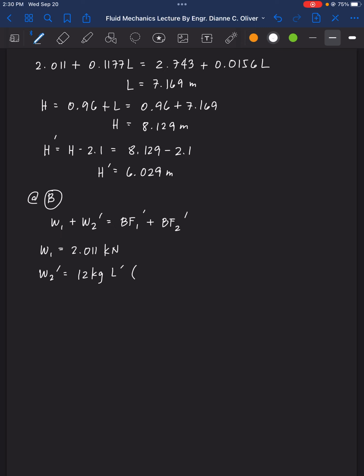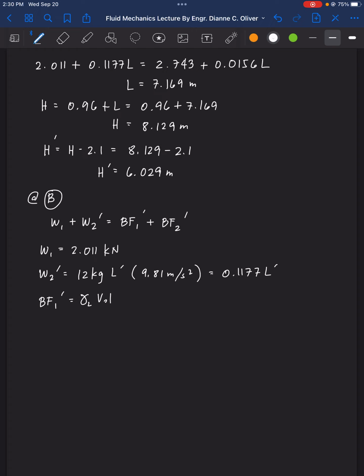And then we have the acceleration of gravity, 9.81 meter per second squared. So that is equal to 0.1177 L prime.